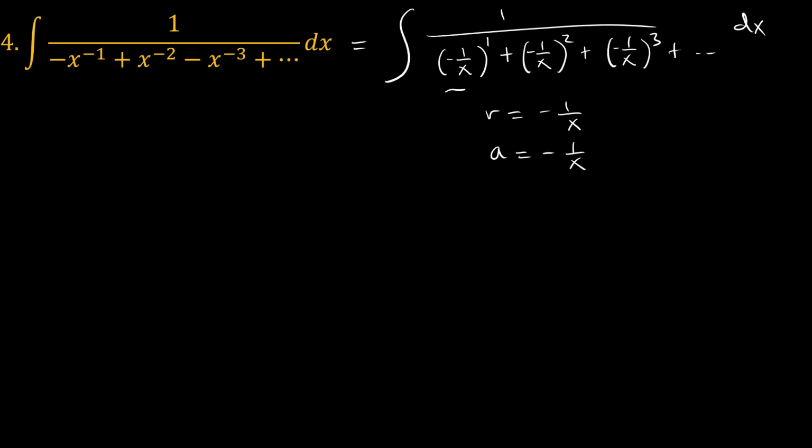The first value here. And so that summation where you have, let's say, k equals 1 to infinity of r to the k is the same as r over 1 minus r.